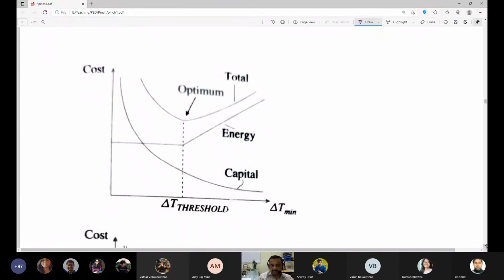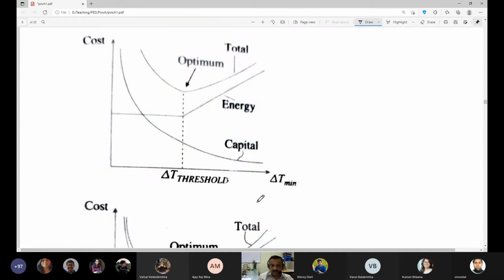Now, when you have a threshold, up to this threshold the energy cost will remain constant, and beyond this the energy cost will continue to increase, and the capital cost, as I said, will decrease with delta T mean. But the point is that this would then be considered the optimum.